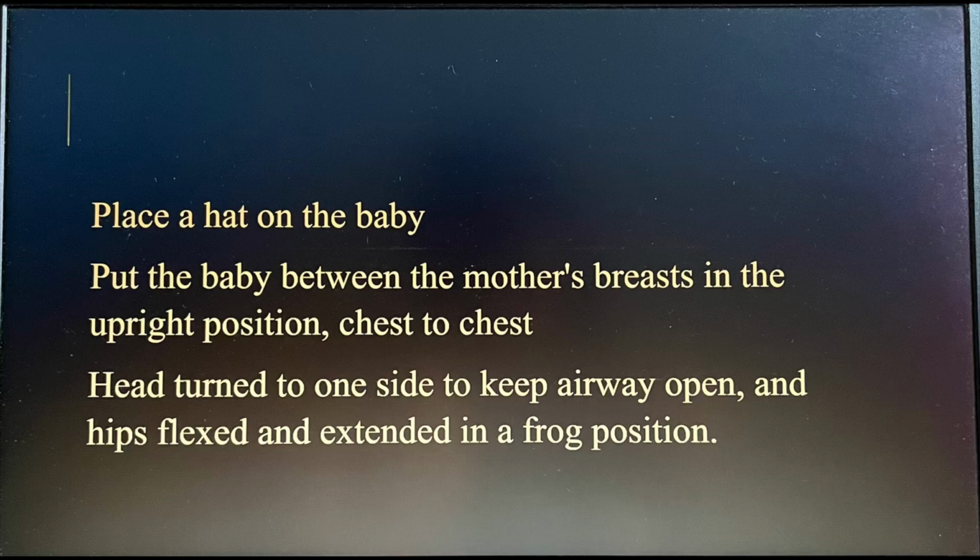The baby's face is turned to one side to maintain the airway, and the baby's hips should be flexed and extended in a frog-like position. This direct skin to skin contact between the mother's chest and the baby's chest also gives stimuli to the baby's chest whenever the mother's chest is moving. That helps the baby with breathing, and it also maintains thermal synchrony.